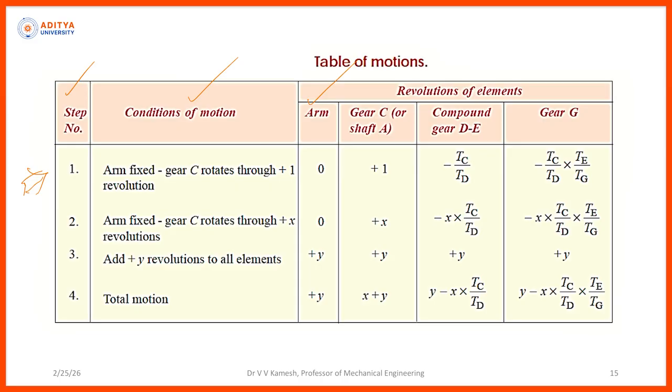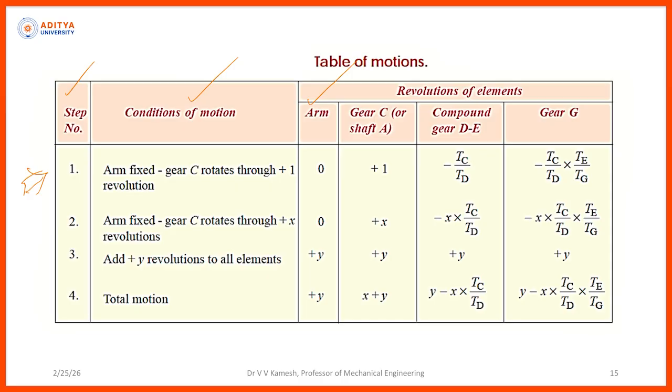If you are treating separately, gears C, D, E, G, 4 are there, but D and E are a compound one, the behavior is compounded. They are bound by the same speed, right? Gear D, gear E. When the speed is the same, you need to look at DE as only one set, right? That means compound gear DE, that's it. You should not call the compound gear by writing gear D plus gear E, not like that.